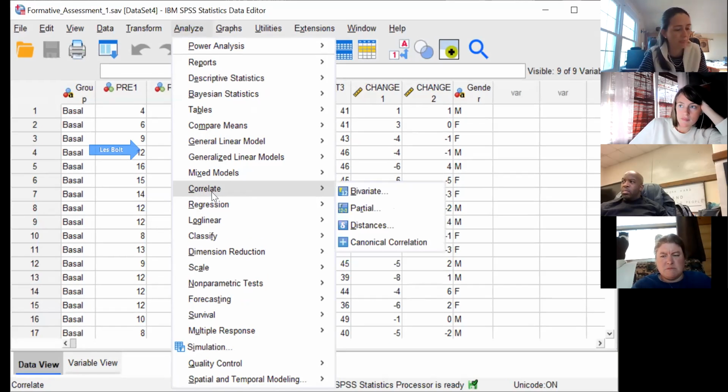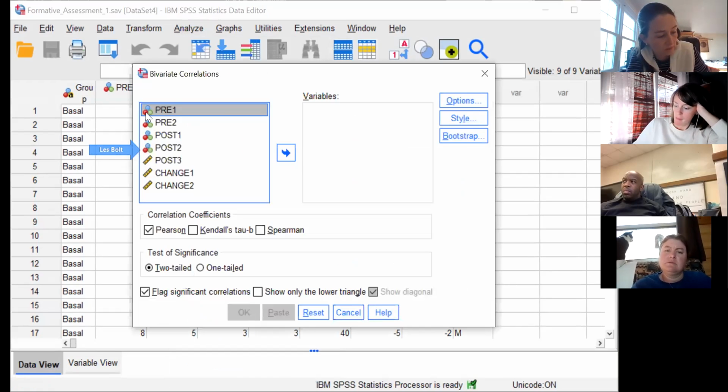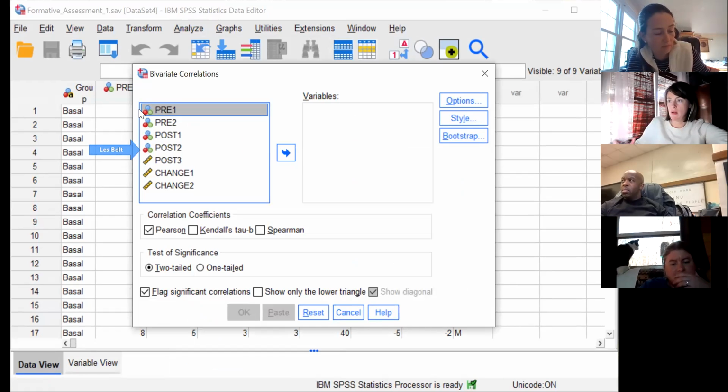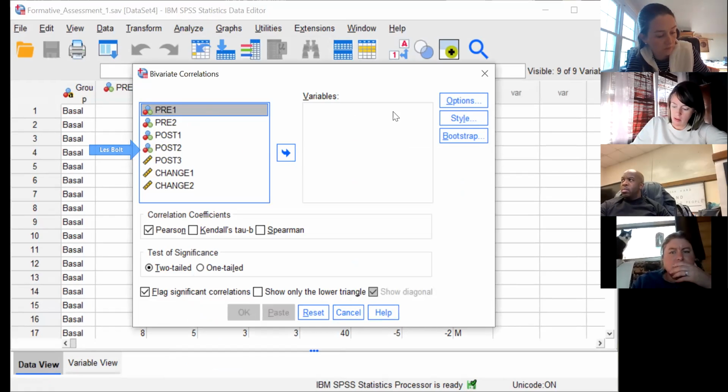I don't know why they don't put them together, but they don't. In correlations, we're talking about bivariate because we have 2 variables. So a bivariate correlation between pre-1 and post-2.